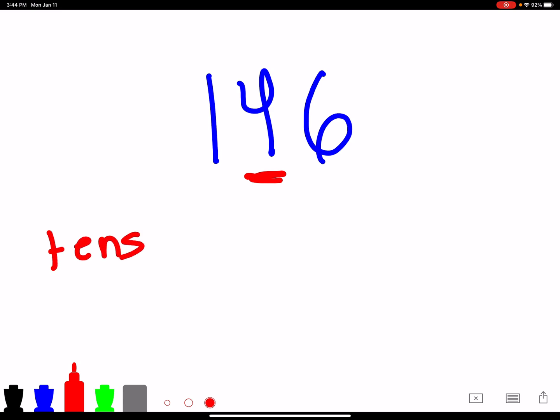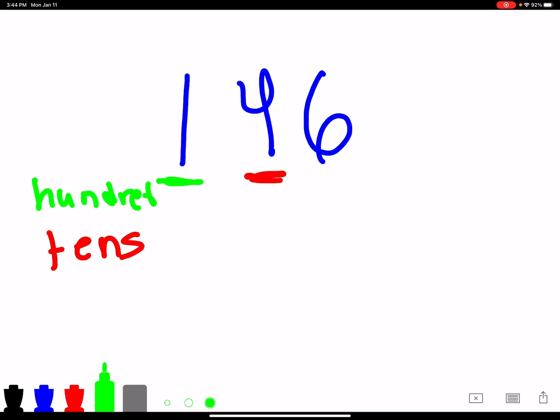Because if we were to take this 1 away, that 4 would still be in the tens place because it's less than 100. But since we have 1, it's going to be in the tens place still. And then for this one, the 1 is going to be in the 100s place. And then for the 6, it's going to be in the ones place.